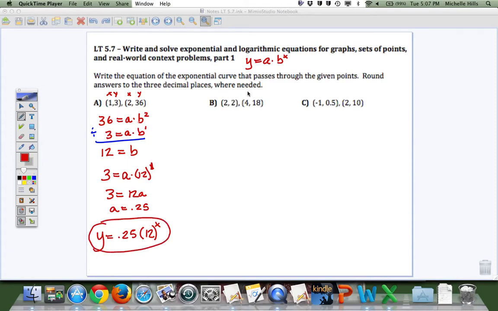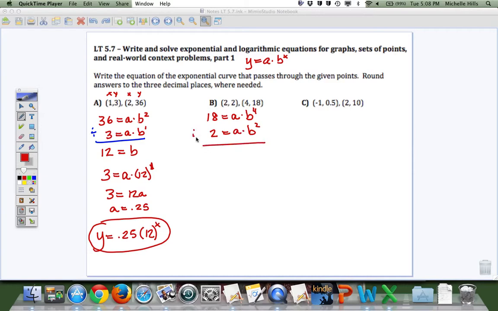So, going with my y equals a times b to the x, I always do what's going to be the largest exponent in my first equation, so I'm not getting down here and finding a negative exponent on my b. So, y is 18 equals a, which I don't know, times b, which I don't know, to the x power. The second one, y equals a times b to the x power.